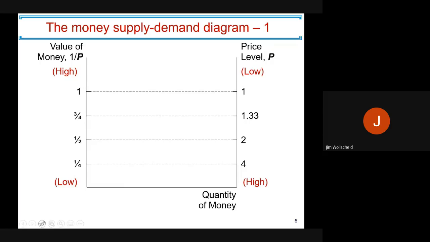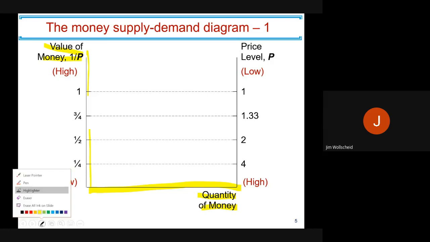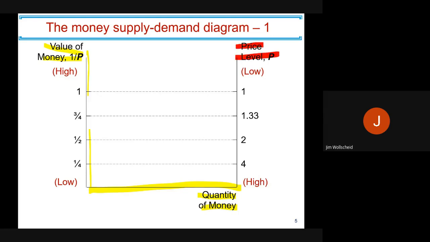So the graph is a tad bit funky looking. Here's the typical graph we would expect. We would expect value of money, quantity of money, the typical XY graph. However, this one is a little funky in that it has this right side of the price level.